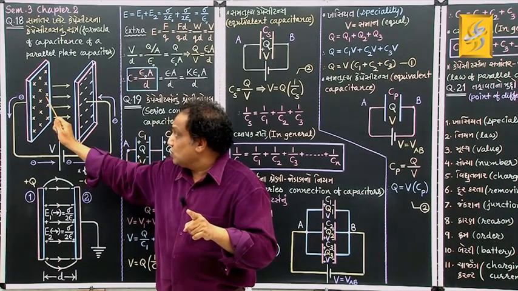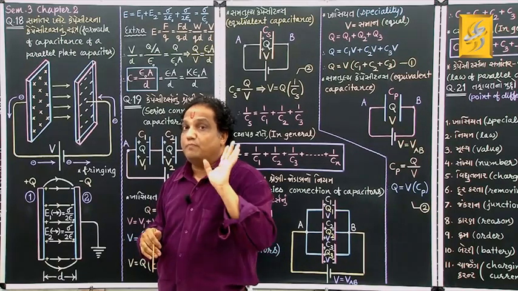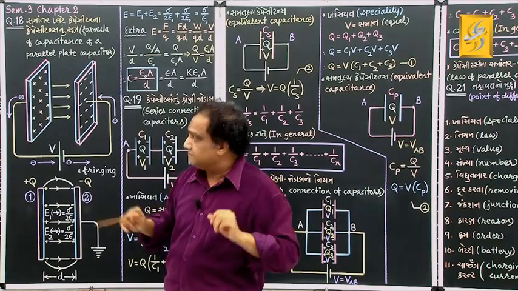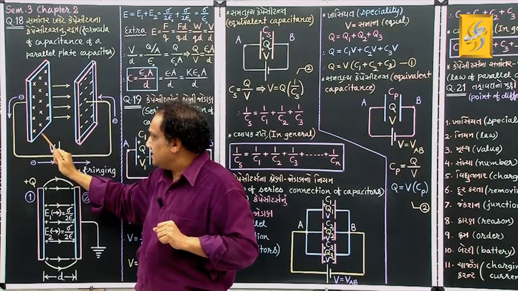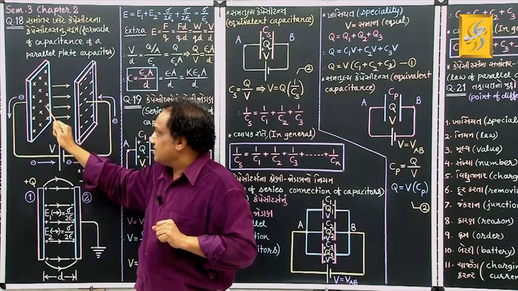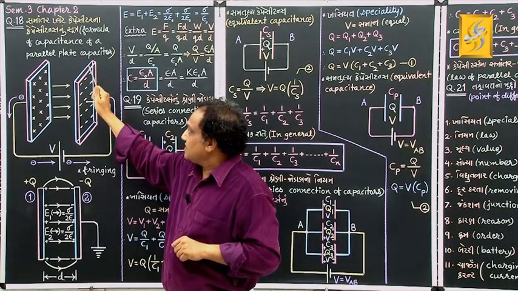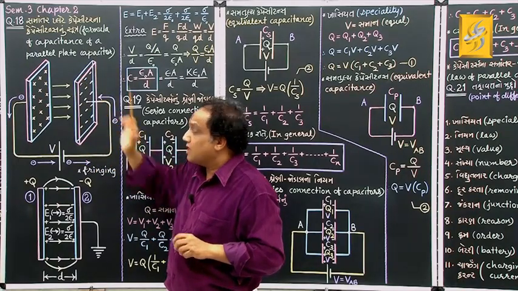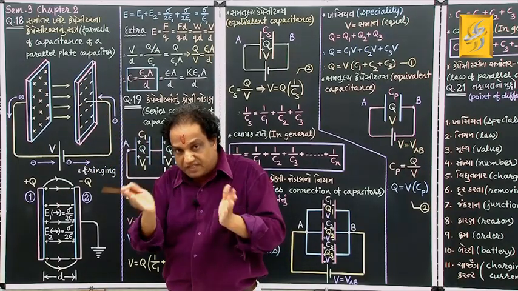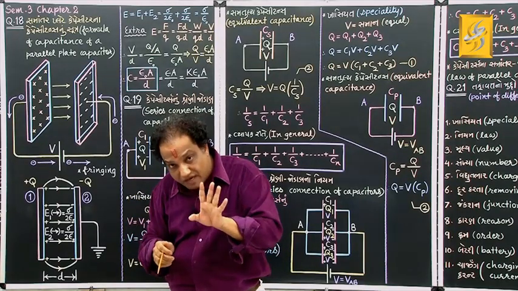That's why those two faces which are facing each other, I have shown purposely with different color. Look, this face I am showing with blue color, which possesses this positive charge, and here the face which possesses negative charge, here also I have shown with the blue color. So those two faces which are inside and facing each other, they only have charge.